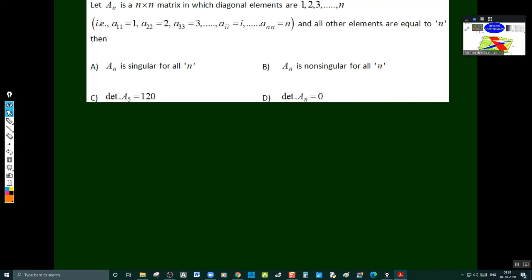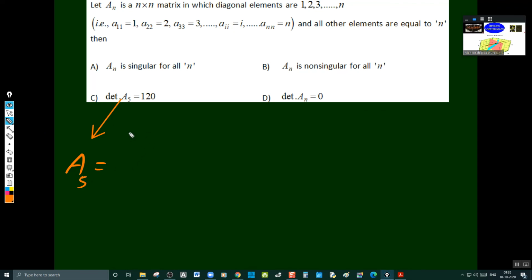What I'll do is give you A5 so that everything will be clear to you, because A5 is needed here. Okay, Rajat? Sir, its determinant will be 5 factorial, na? Yes, correct. Very good.